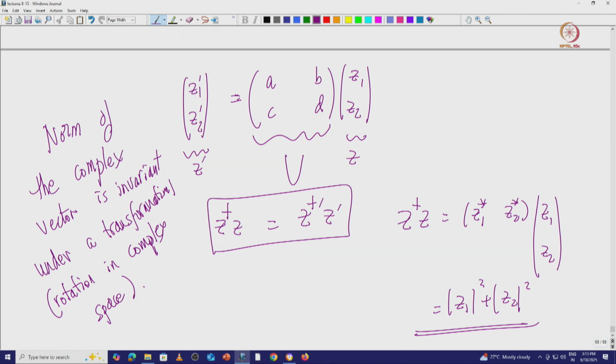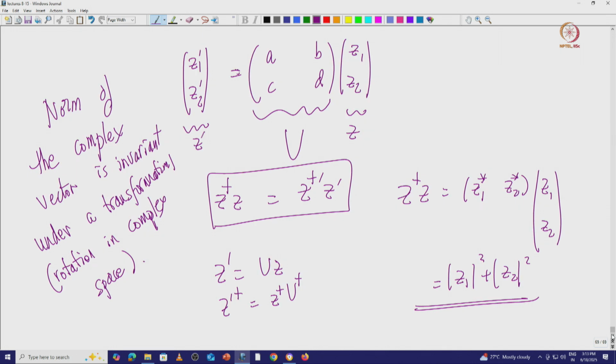Let's call this operator U. So z prime is equal to U times z, and z prime dagger is equal to z dagger U dagger. So we have z prime dagger z prime equal to z dagger U dagger U z, and that should be equivalent to z dagger z.